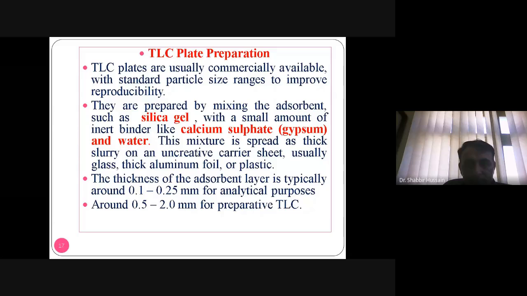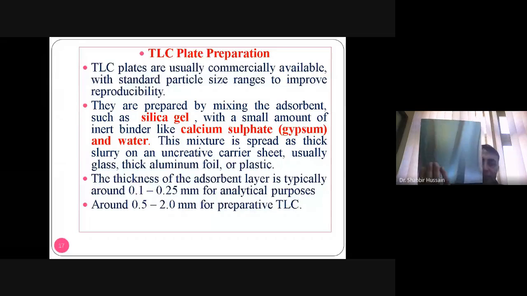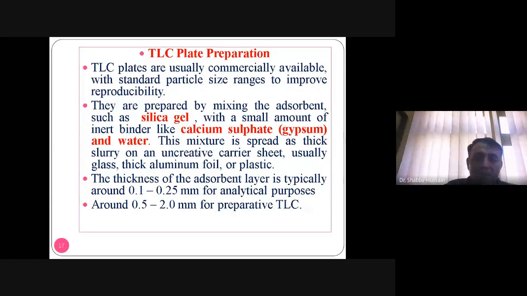The basic substance is silica gel, which is the stationary phase. This mixture is spread as a thick slurry on an unreactive carrier sheet, usually glass, thick aluminum foil like this one, or plastic.